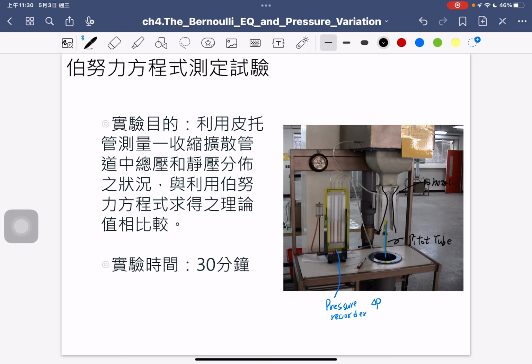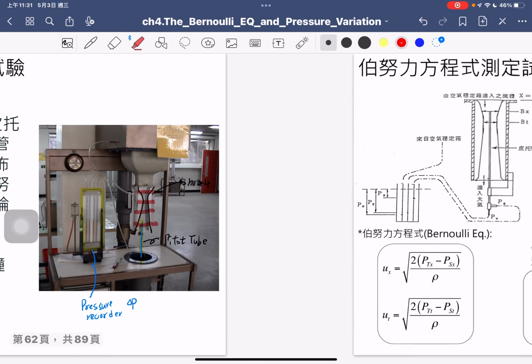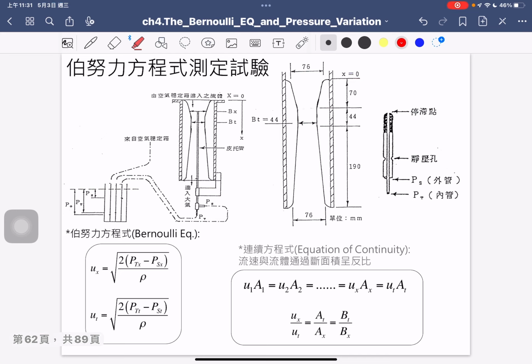In the nozzle, you have different cross-sections, and when you adjust the pitot tube location, you will measure different pressure changes. Based on the equation shown here, you should understand that from the pressure difference you can compute a different velocity at a different location.